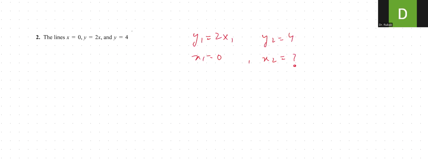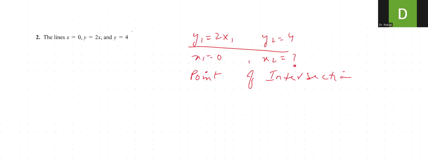So if you have three limits, y1 is 2x, y2 is 4, x1 is 0, and x2 is missing. So you take the point of intersection of the two y's because y1 is equal to y2.